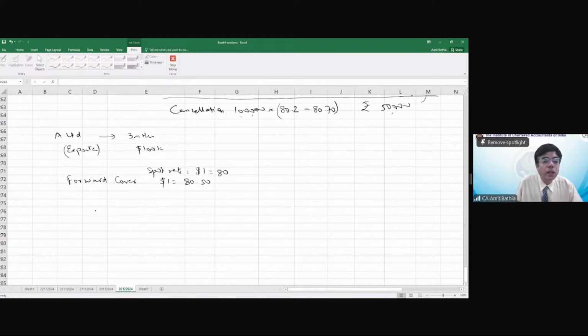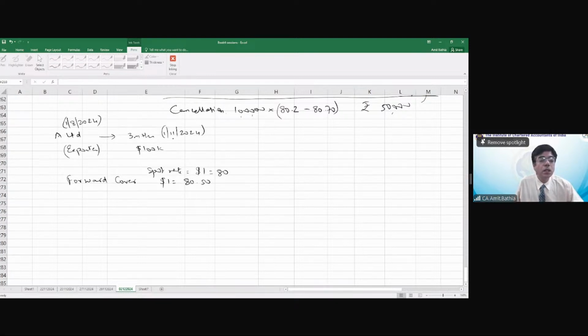Okay, and see, this contract has happened on, let's say, 1st of August 2024. So the due date is essentially 3 months later, which is 1st November 2024.